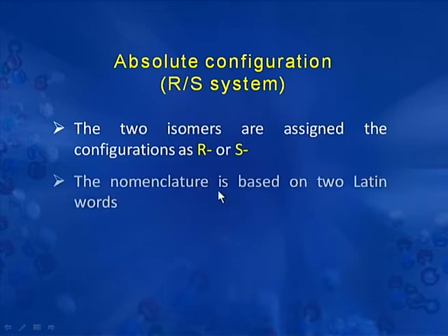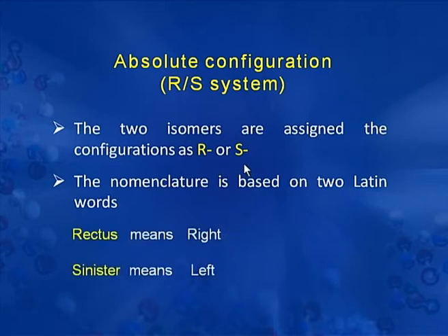In this system, R and S are derived from two Latin words, rectus and sinister. Rectus means right and sinister means left, and these two words are initialized as R and S. We will just see what it means by right and left and how we arrive at this configuration.